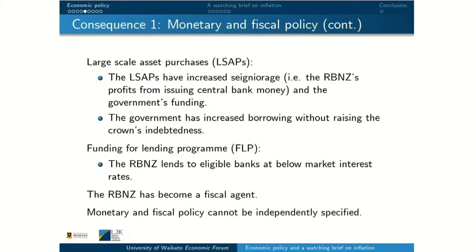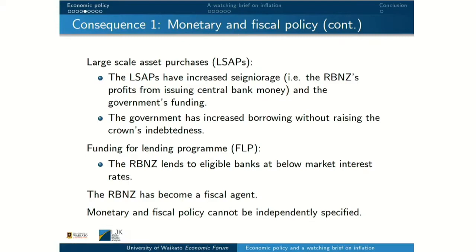And so these large-scale asset purchases have increased seigniorage. Seigniorage is the profit that the Reserve Bank makes from issuing central bank money. And the increase in seigniorage has also increased the government's funding, because the government is the beneficial owner of the central bank.